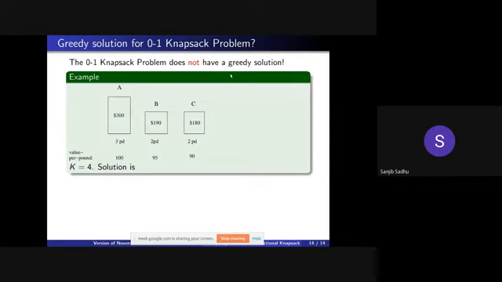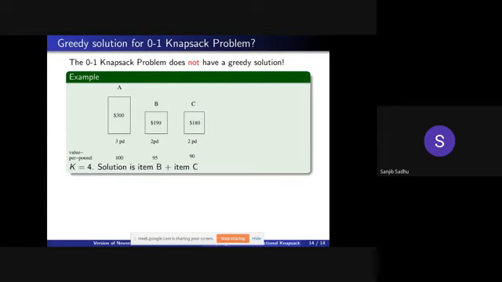See, this is the value per weight in this way. So what is the solution? The solution is item B plus C. K is 4. If you collect B and C, you will gain a profit of 370.